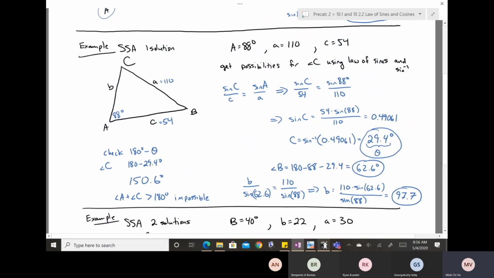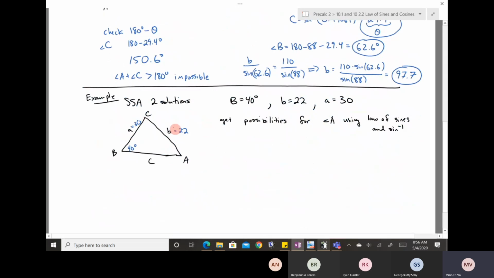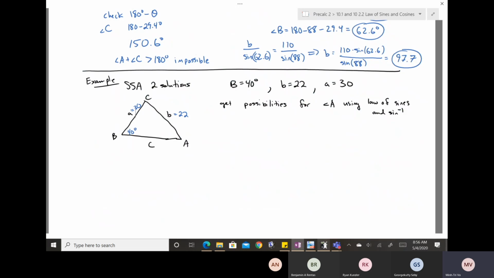So be careful because I've oriented A, B, and C differently in these triangles, so they're located in different places. But in any case, again, we have an SSA triangle. So side B is completely known. I know side A, so from there I can try to get angle A using the law of sines. So let's set that up.